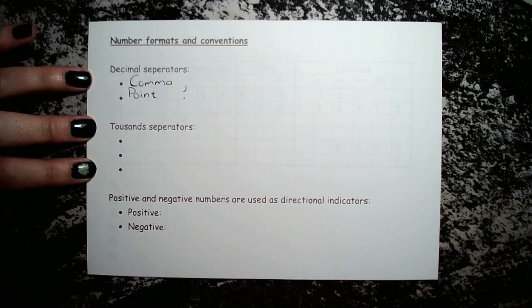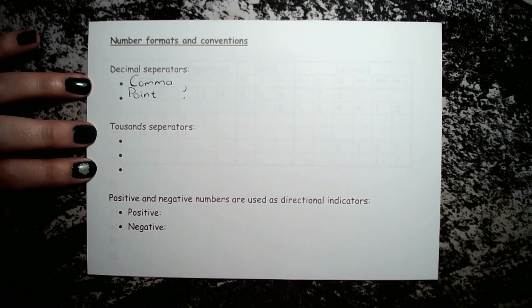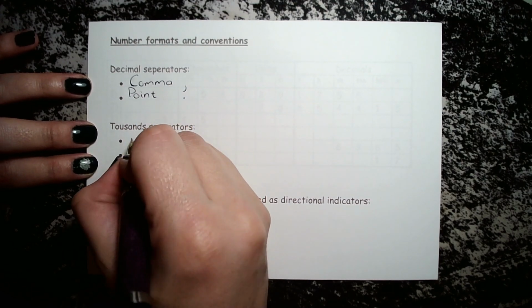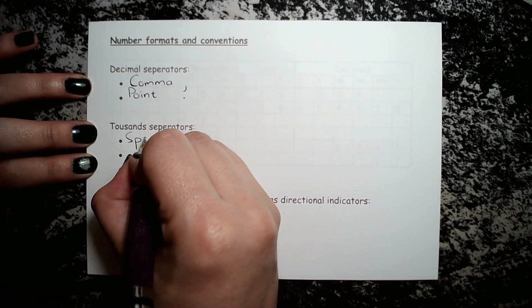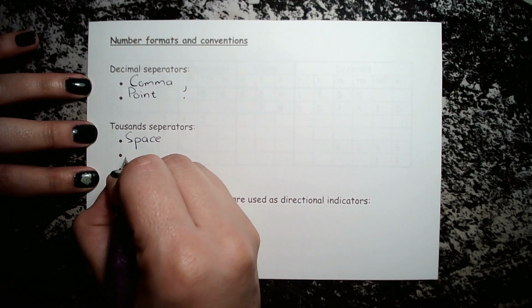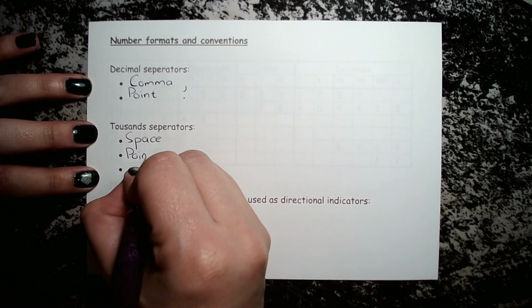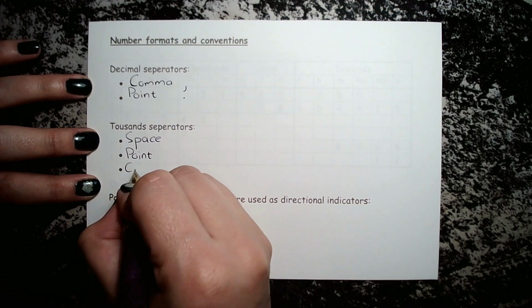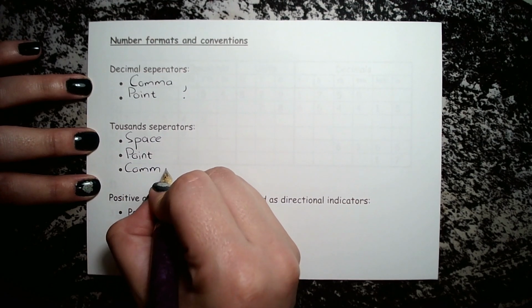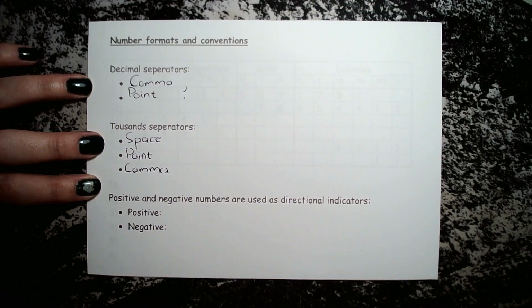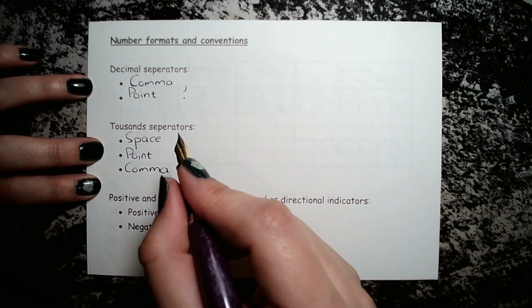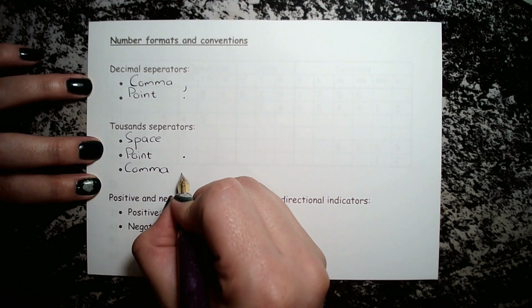For thousand separators, there are actually three that we can use. We can use a space, we can use a point, or we can use a comma. So a space, obviously just a blank space, a point, and a comma.